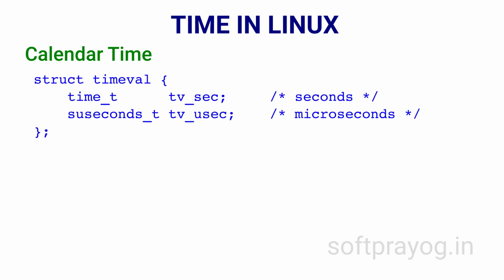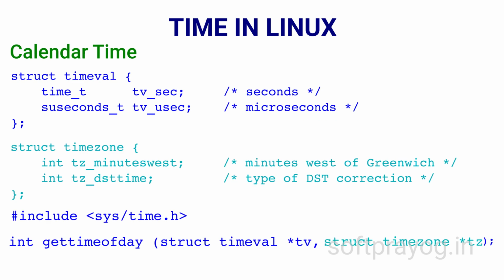Next, we have the structure struct timeval, which has two members, tv_sec and tv_usec, that is, seconds and microseconds since the epoch, January 1st, 1970, 0 hours, 0 minutes and 0 seconds UTC. And we have another structure, struct timezone, comprising tz_minuteswest, minutes west of Greenwich, and tz_dsttime, the type of DST correction.